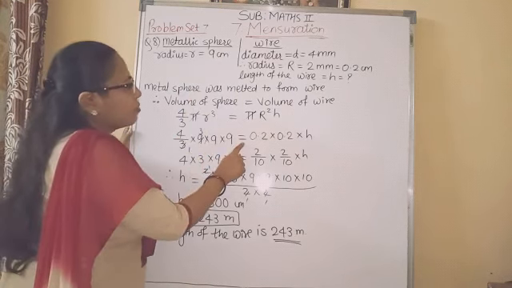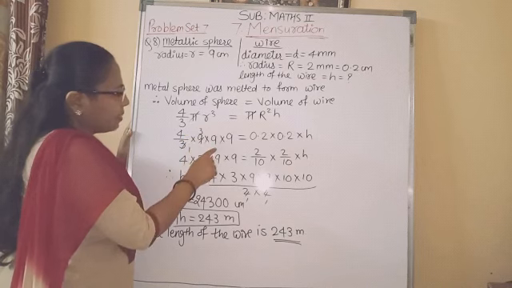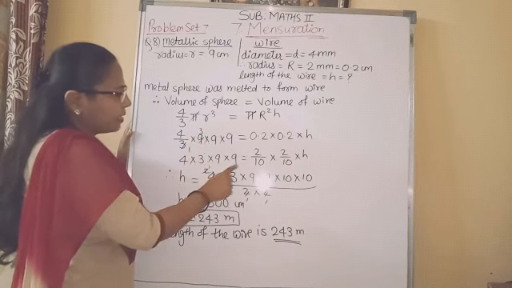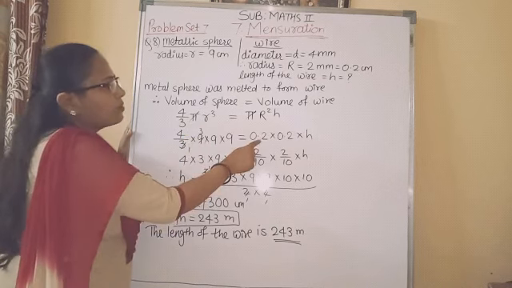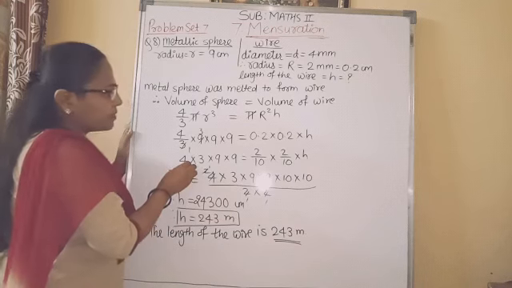So here 4 multiply by 3 multiply by 9 multiply by 9 equal to, convert this decimal form into fraction, 2 upon 10 into 2 upon 10 into h. To find out this h, let's take these numbers on the left side.